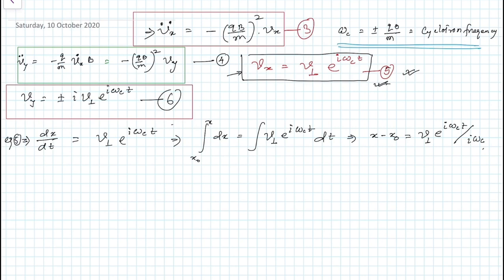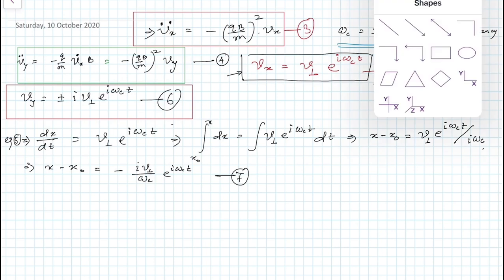Now multiplying i with both the numerator and denominator, it becomes x minus x naught is equal to minus i v perpendicular by omega c into e to the power i omega c t. Okay, this is equation number 7.